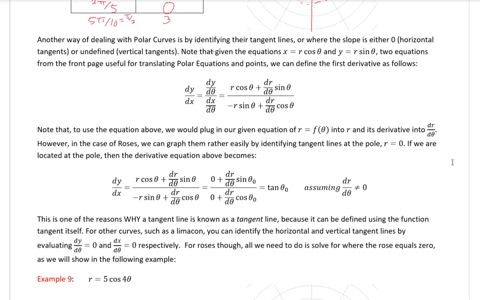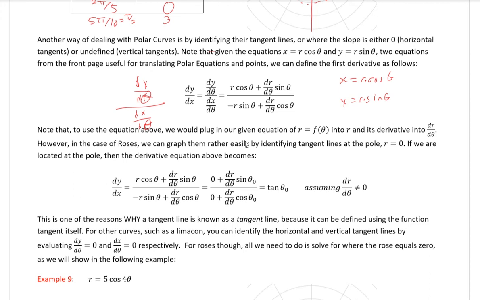To understand that, we first talk about how to take a derivative of polar coordinates. Kind of like what we did with parametric equations. We define that as dy over d theta over dx over d theta. So instead of dy over dt divided by dx over dt, we just have thetas instead of t. And if we think about x and y being the equations from the first page, if we think about x equals r cosine theta and y equals r sine of theta, when we take the derivative of those with respect to theta, we have a product rule.